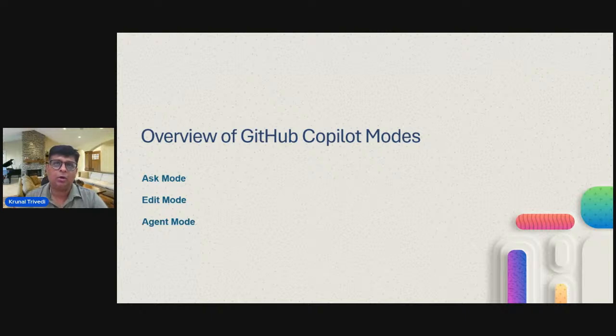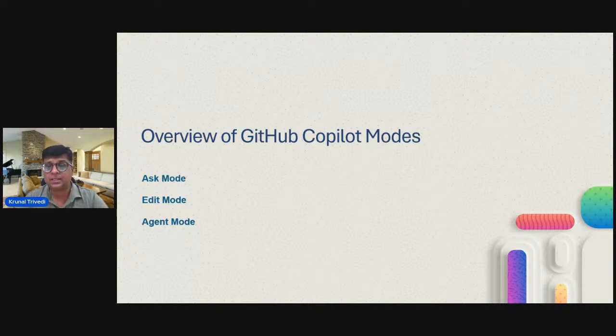It's like your autonomous pair programmer, right? Initially we had two modes: ask mode and edit mode. But in 2025, a new mode was launched, under preview, that is agent mode.